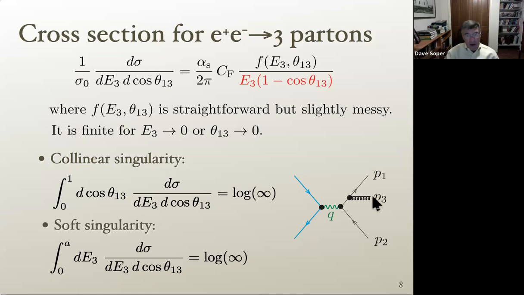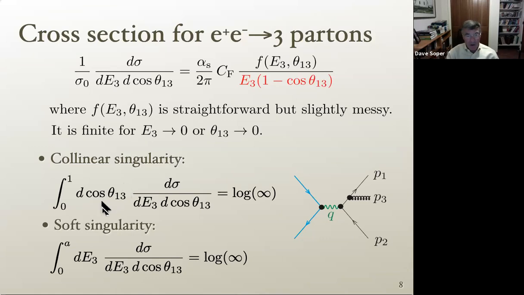So the cross-section has the form written up here, some numerator that's a little bit complicated. I haven't written it, but it's not singular. And there's a denominator E3 and a denominator 1 minus cosine theta 1,3. So that cross-section is singular when theta 1,3 goes to 0.